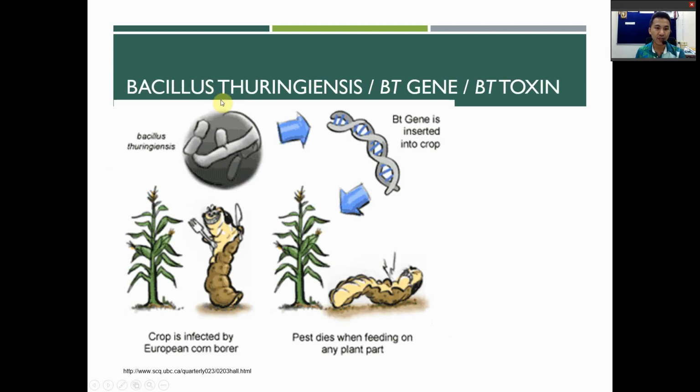This is an example of Bacillus thuringiensis or Bt genes in cotton, the way that the cotton can grow. But then you see that the pests die eventually when they feed on that kind of plant. So it's really amazing actually.